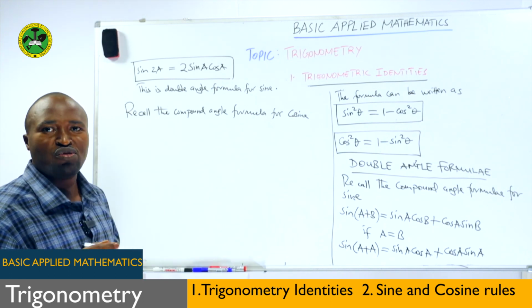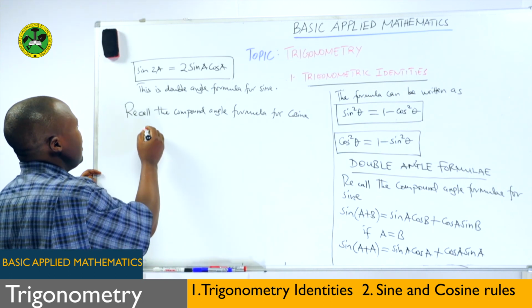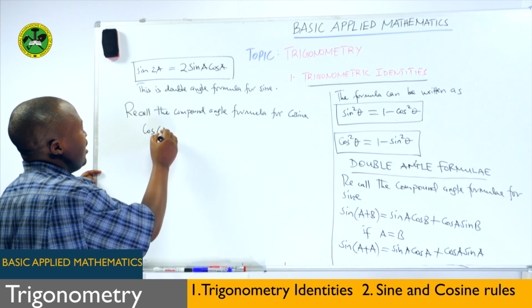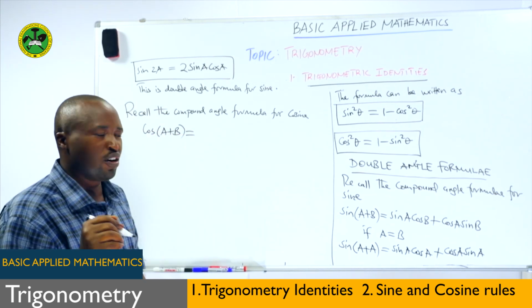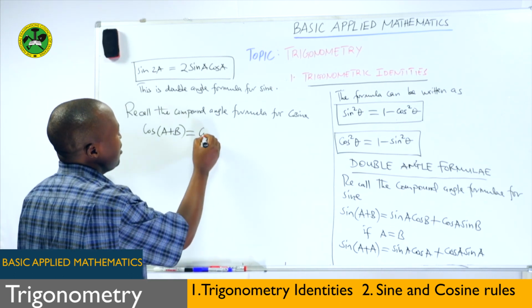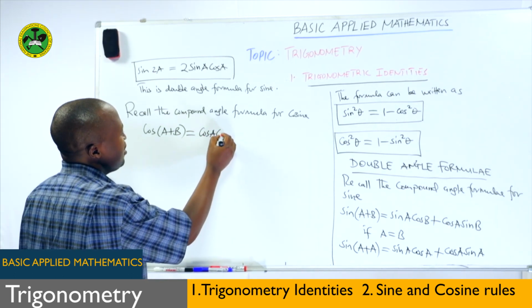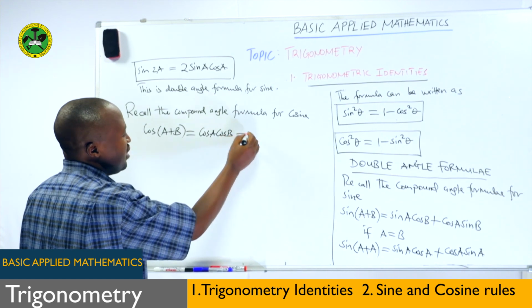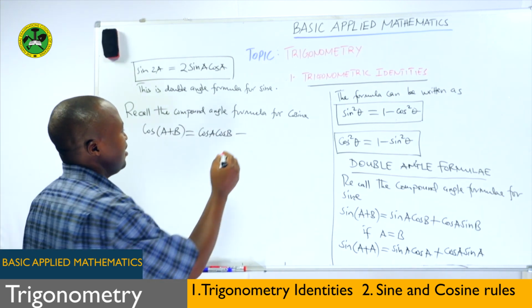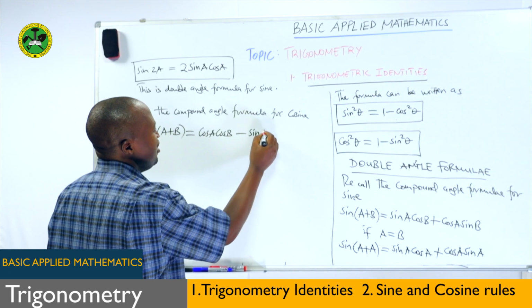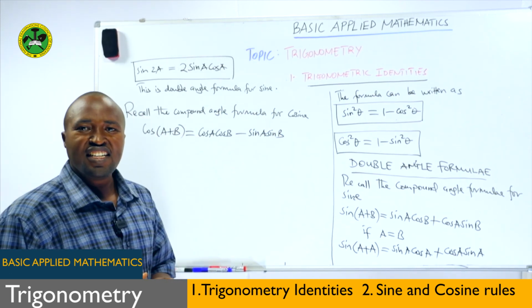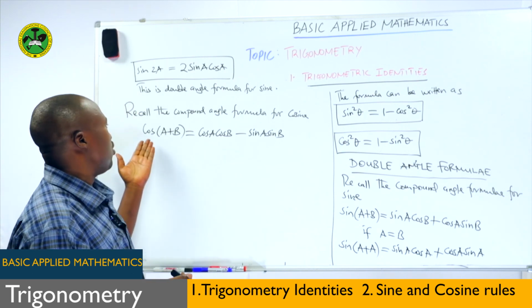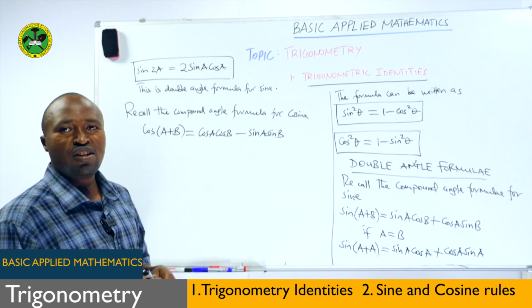Remember, when we want to add two angles for cosine, cos of A plus B is equal to, you remember the formula, cos A cos B minus sine A sine B. That is the compound formula for cosine of two angles.